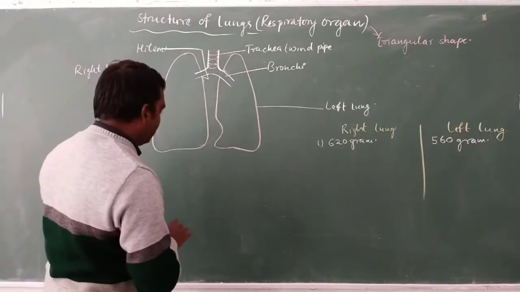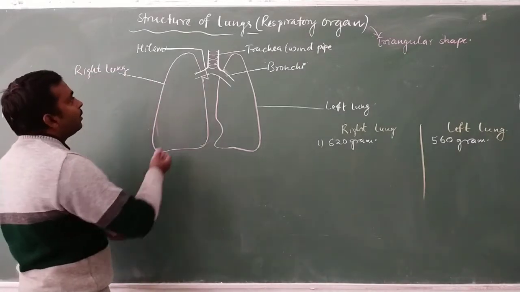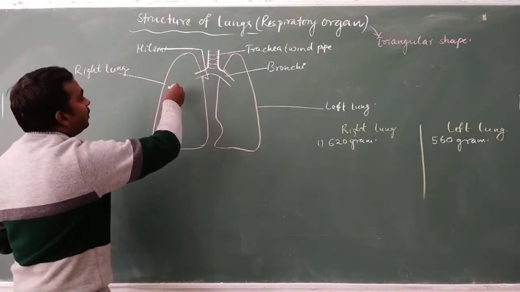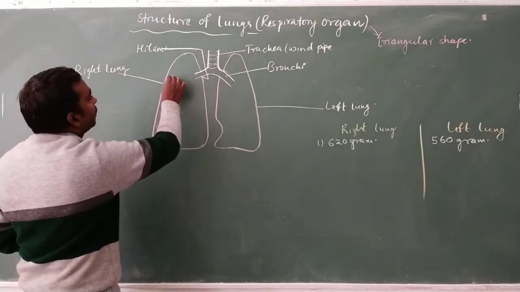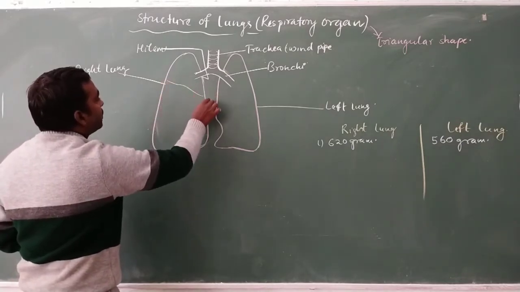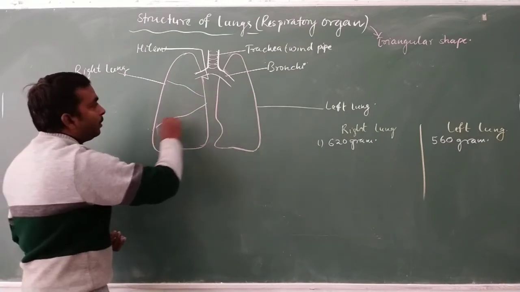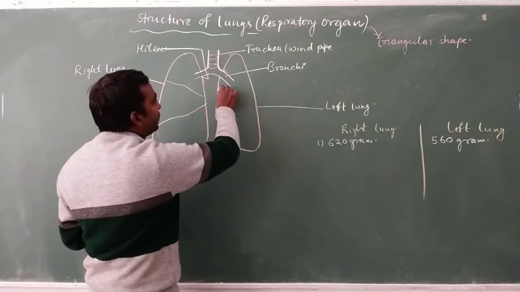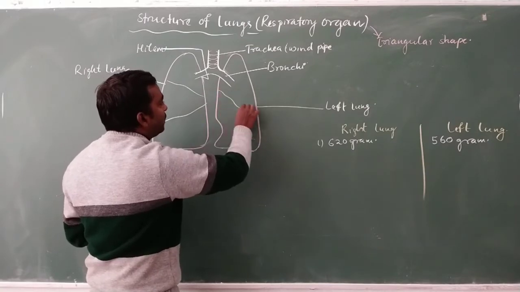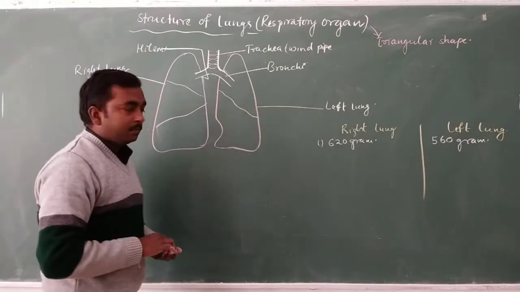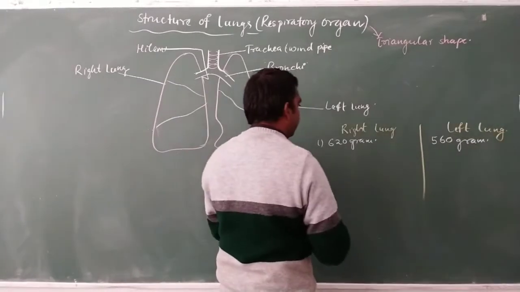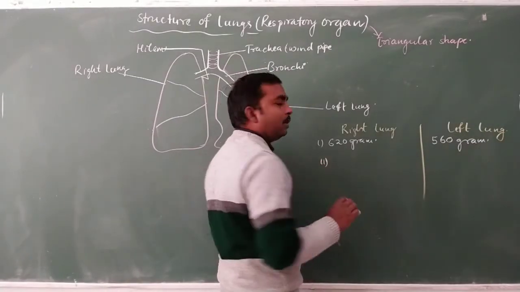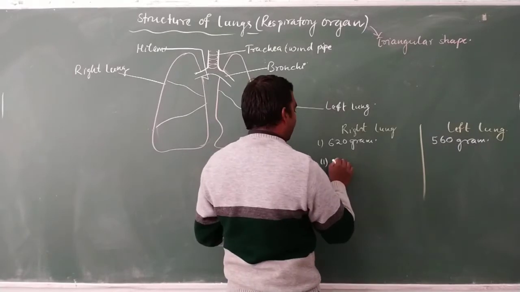Now, in the right lung there are three lobes, while in the left lung we see only two lobes. So the next difference is the number of lobes.